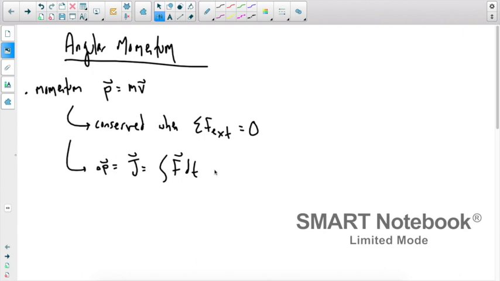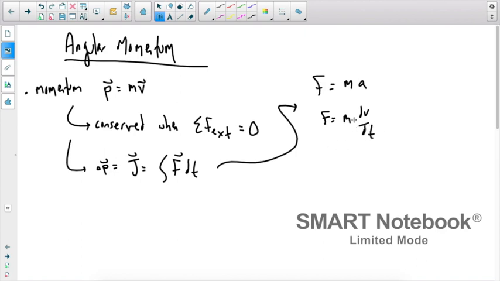Let's remind ourselves where these equations come from. We know that a net force causes acceleration. We know that acceleration is the time derivative of velocity.